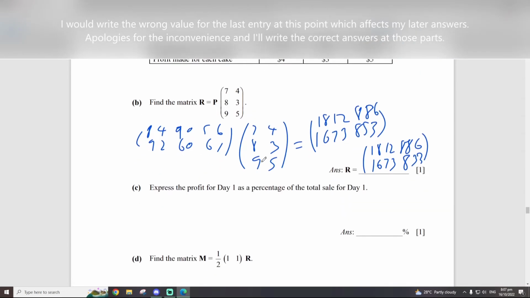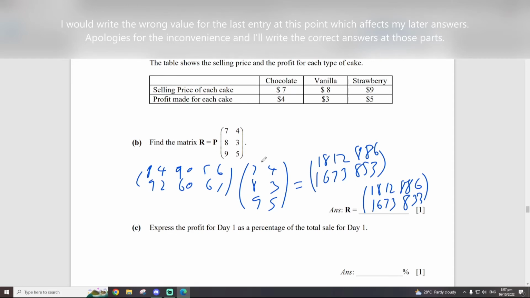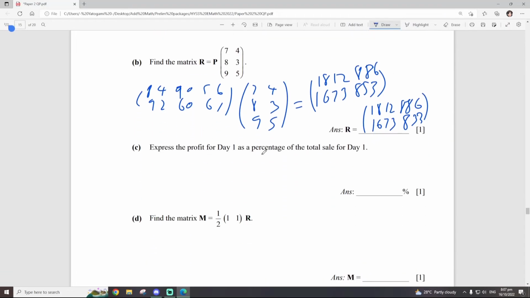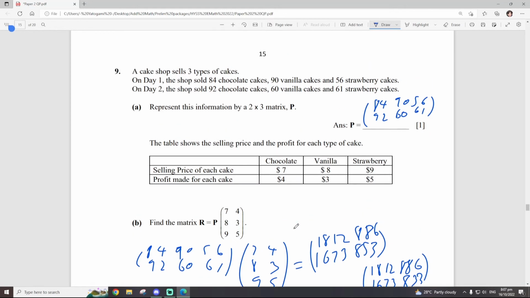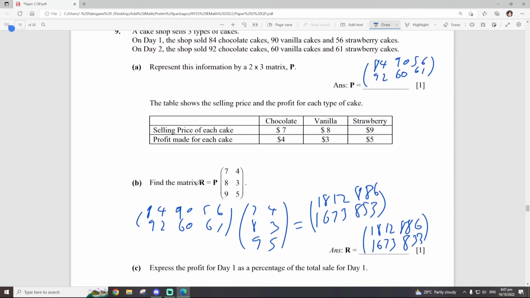Express the profit for day 1 as a percentage of the total sale for day 1. Okay, so if we look at the matrix carefully, what is actually happening? We take the cakes sold and we multiply them by the first column.